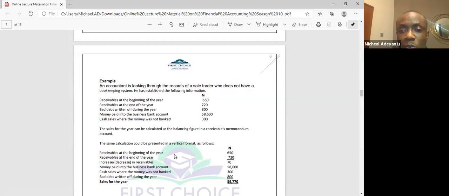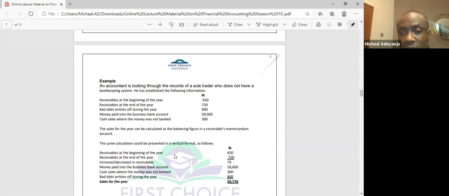So an accountant is looking through the record of a sole trader who does not have a bookkeeping system and has established the following information. Receivables at the beginning of the year is 650. Receivables at the end of the year is 720.